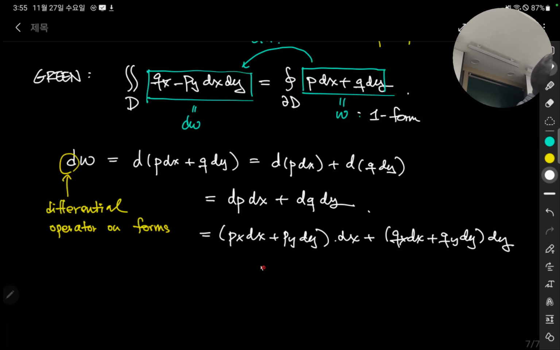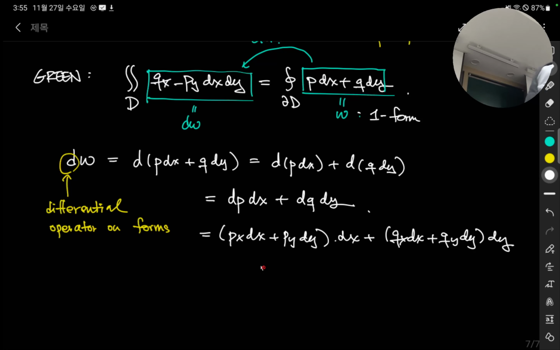Now here you have some vanishing terms. Think about Px dx multiplied by dx. What we want is how much the area is expanded, not the line, okay? Because we want to integrate over the area D on the left-hand side. Remember that d omega is the integrand of the double integration. We want dx dy altogether, not just dx.